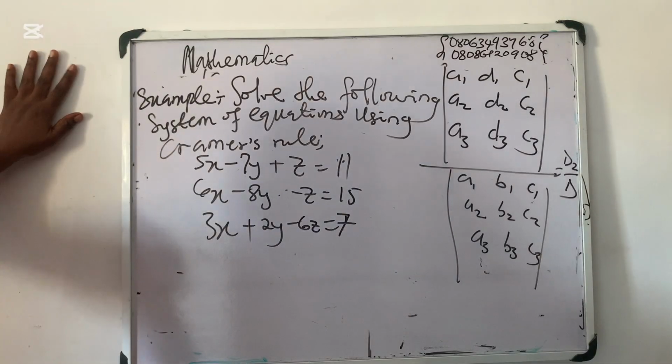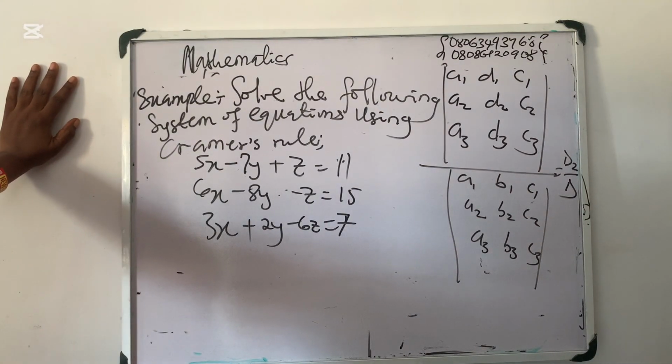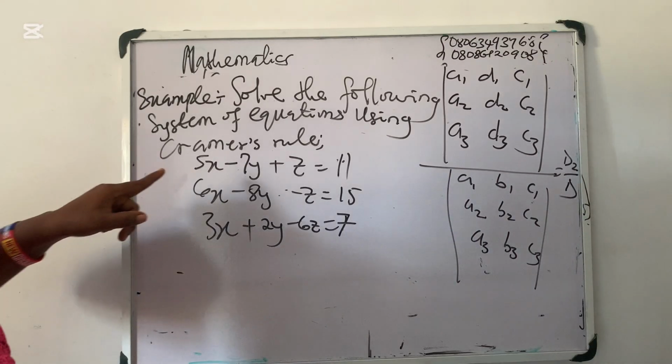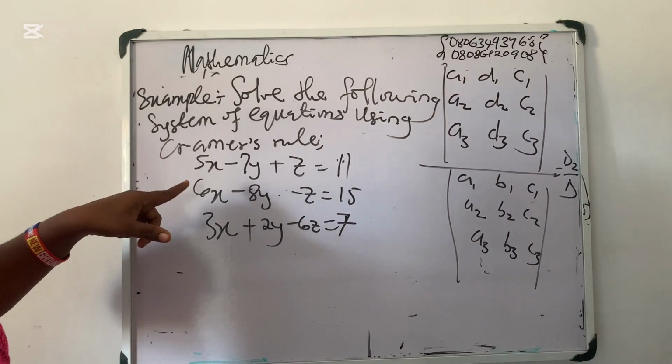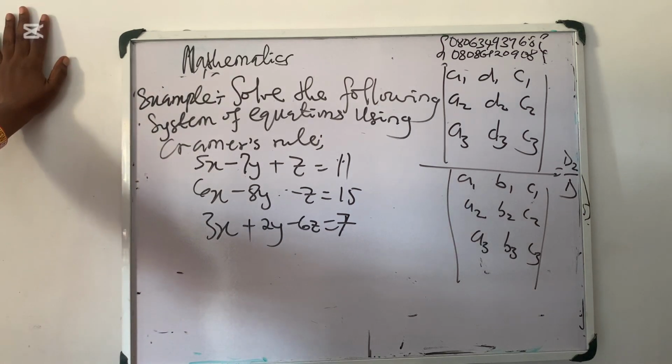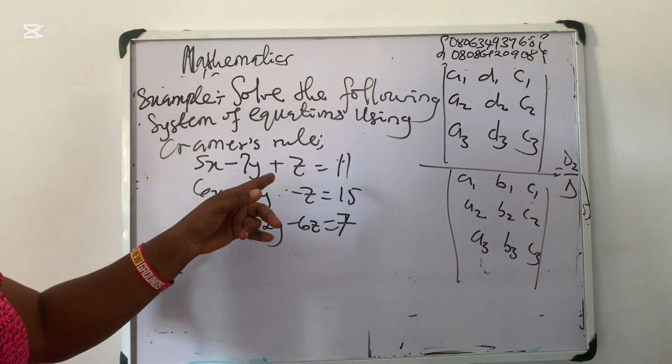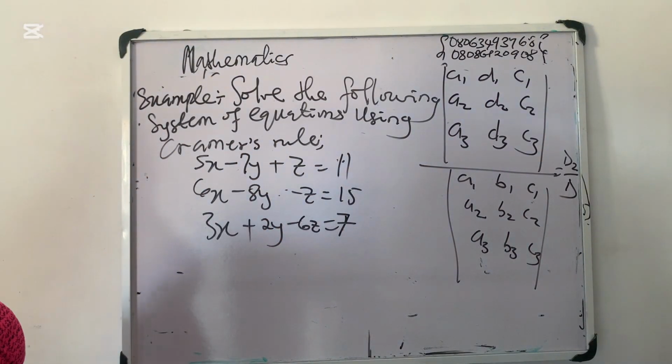Now look at these equations. The coefficient of x here is 5. What do we mean by coefficient? That is the number that is attached to x. And the coefficient of y is minus 7, while the coefficient of z in the first equation is 1.